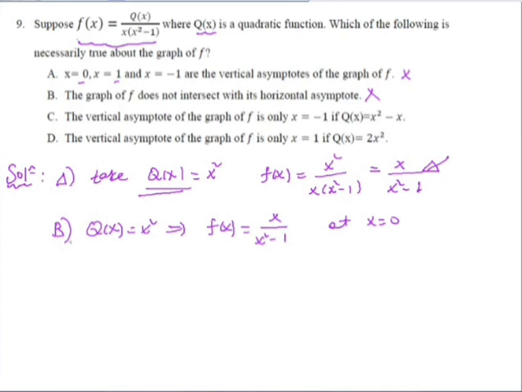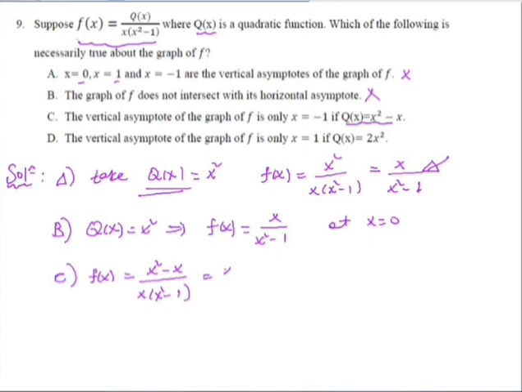Let's see the statement in C. The vertical asymptote of the graph of f is only -1 if q of x is x squared minus x. Let's check. f of x is x squared minus x over x times x squared minus 1.